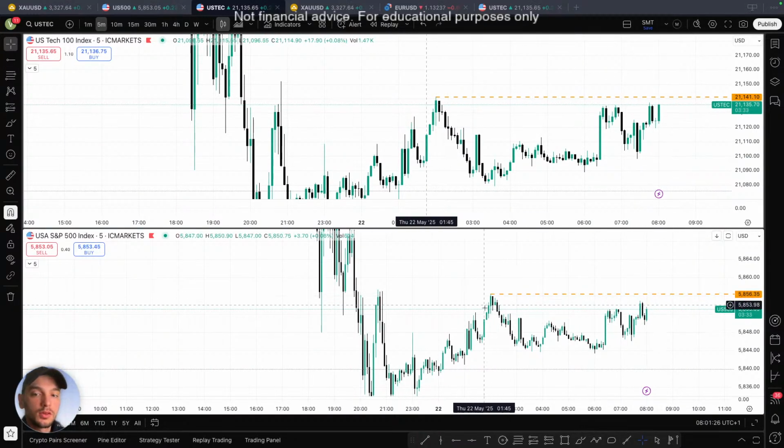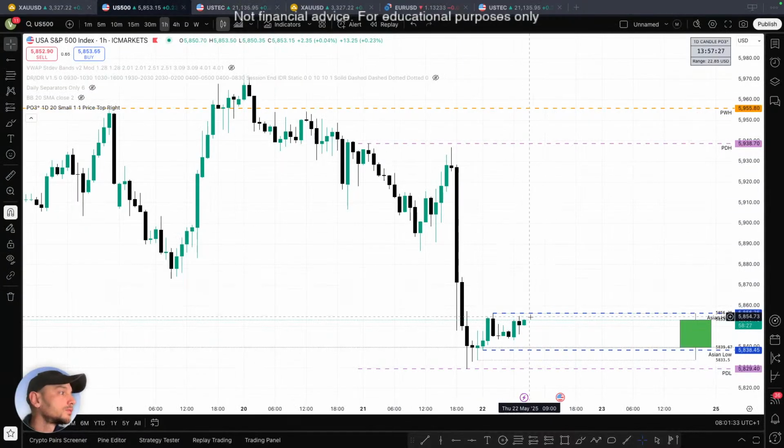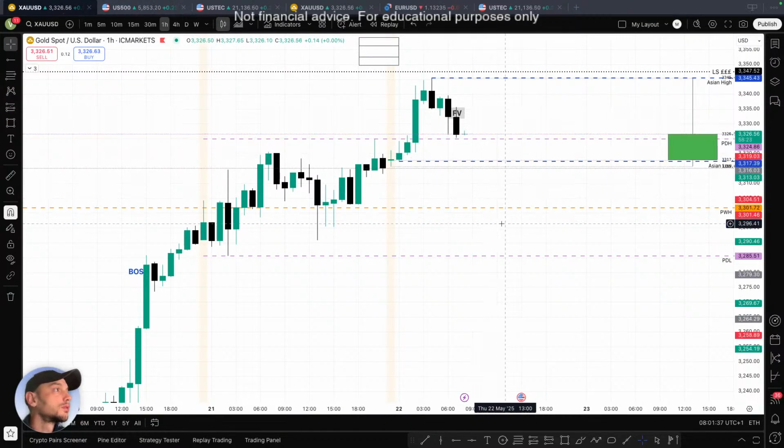We need to keep an eye on those highs here, guys. Our candle pushing up. Yeah, as we see the last 2 hours, I would say our bias is bearish.